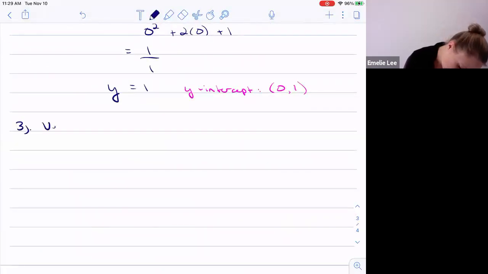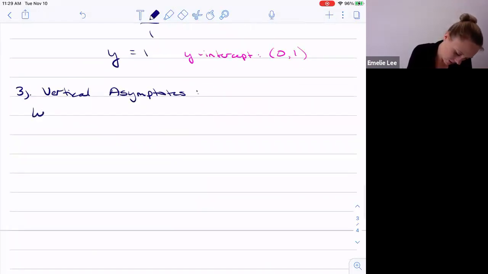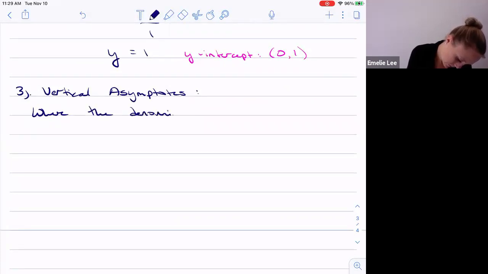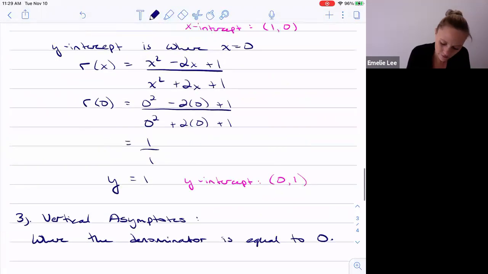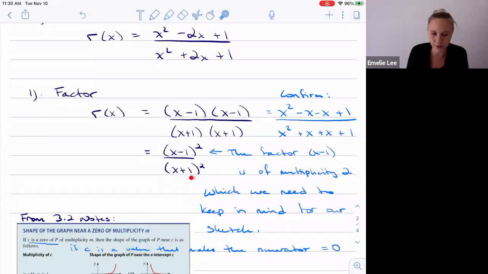So step 3 is vertical asymptotes, and that's where the denominator is equal to 0. In our case, it's easier to use our factored version. So x plus 1 squared is 0.